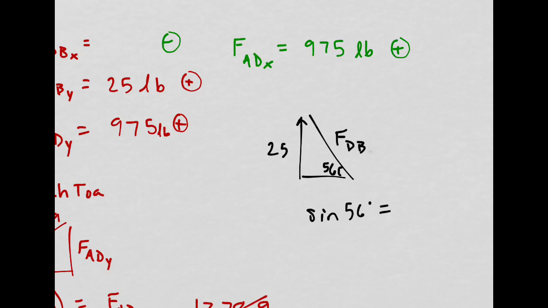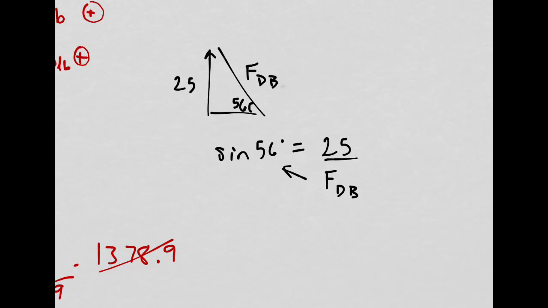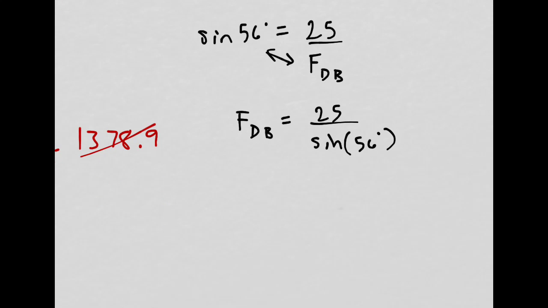I think that will help us. The shortcut is to just switch those. So FDB equals 25 divided by the sine of 56 degrees. There was a decimal there, but I'm rounding stuff off so I can go faster.